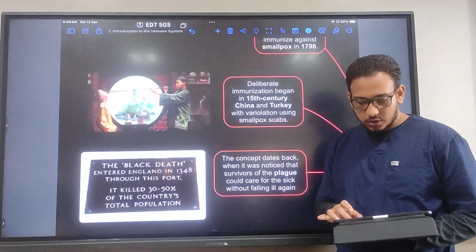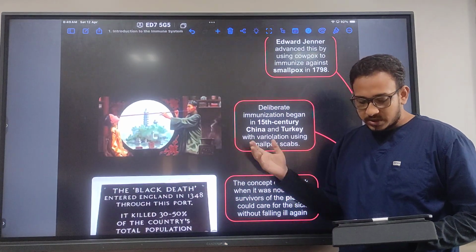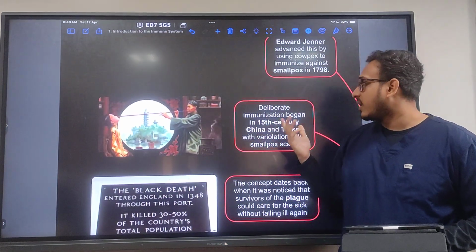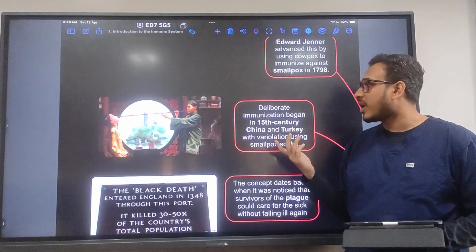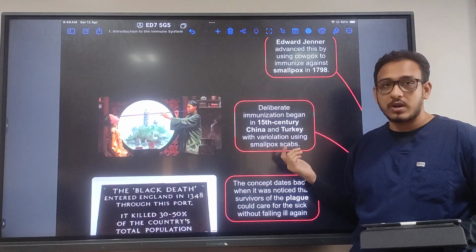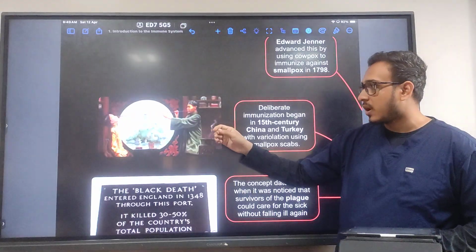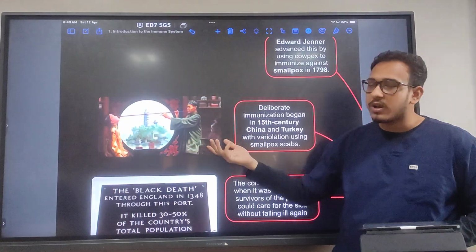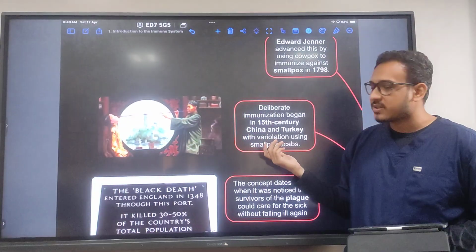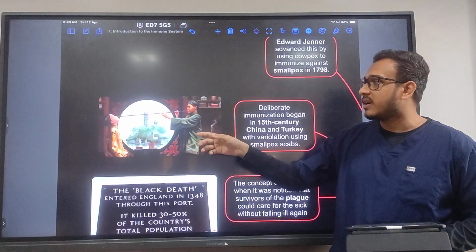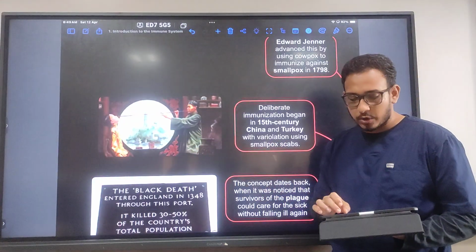And so deliberate immunization was done for smallpox. They used to inject small amounts of weakened microorganisms or smallpox virus, and then they used to create immunity.